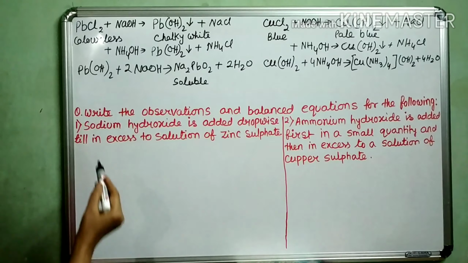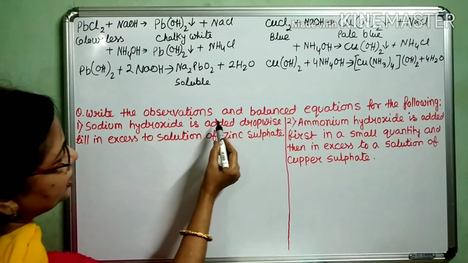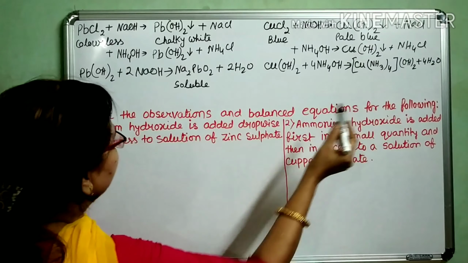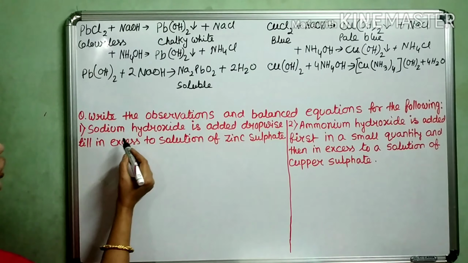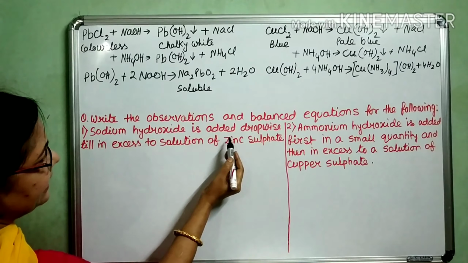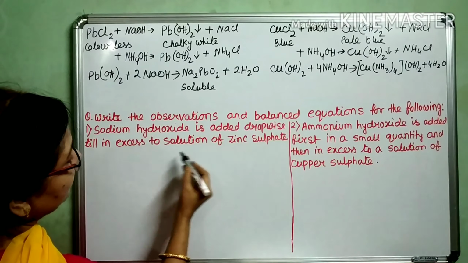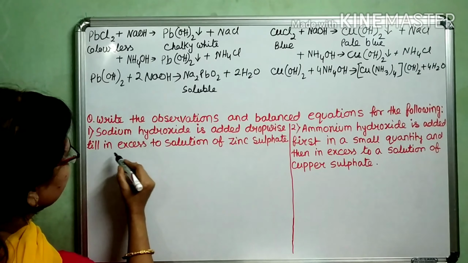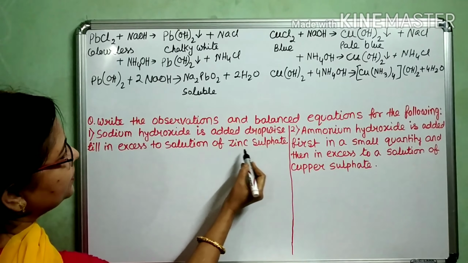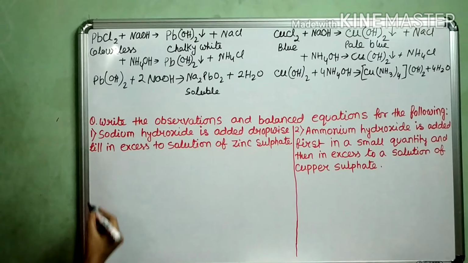Now see our question. Write the observation and balanced equation for the following. First one, sodium hydroxide is added dropwise till in excess to a solution of zinc sulfate. See what happens.